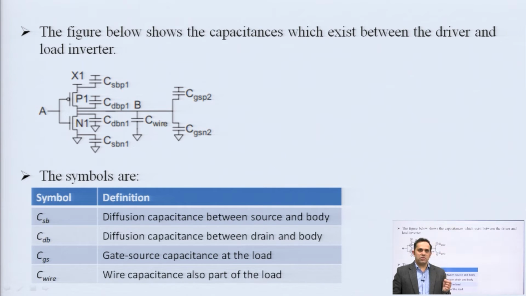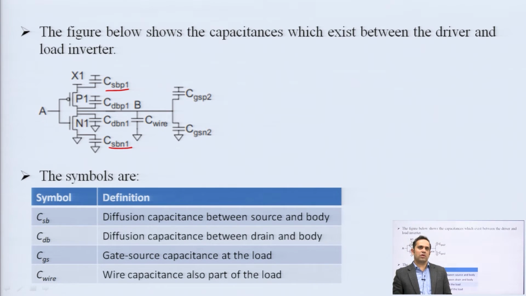Now, since we are talking about charging and discharging of the capacitor, only those capacitances which are connected to node B, or not connected to constant voltages, are going to produce switching delays. For example, there is a capacitance between source and body for both the PMOS of X1 and the NMOS of X1.